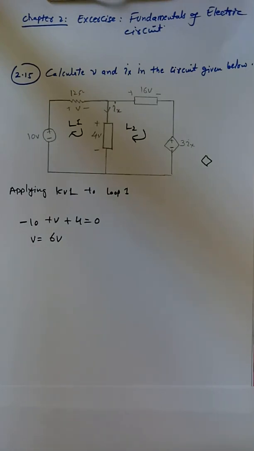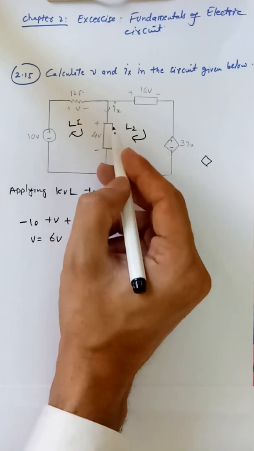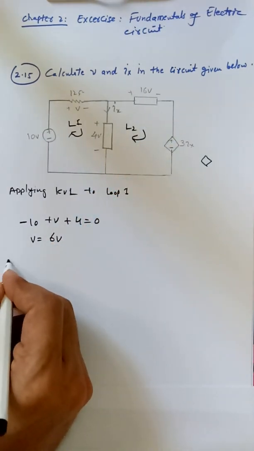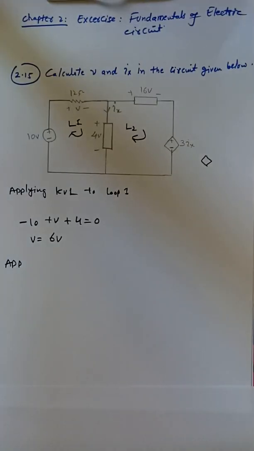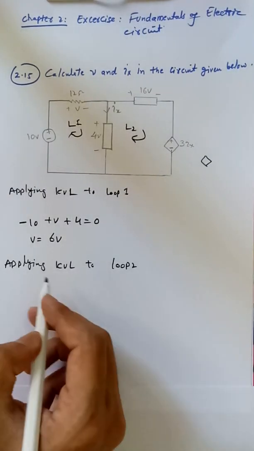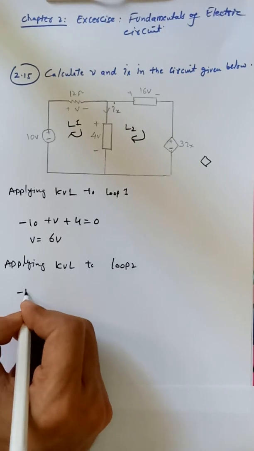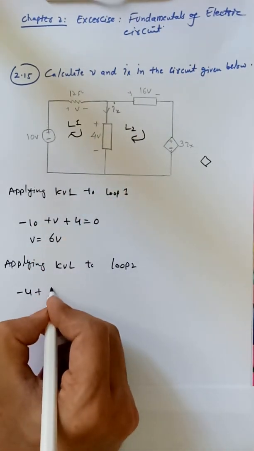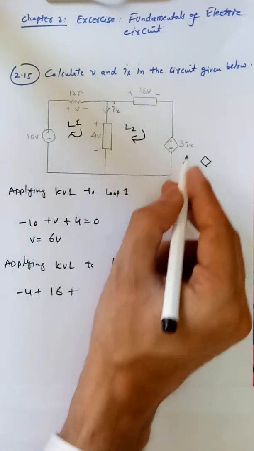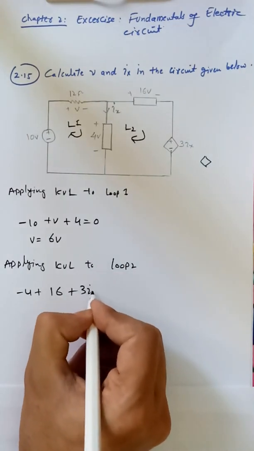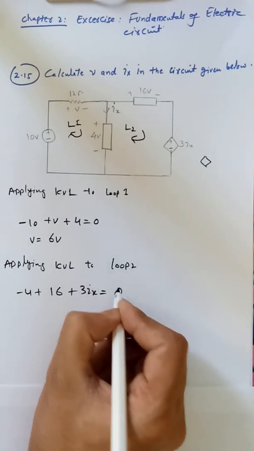Similarly, you can apply KVL to loop 2 for finding Ix. Applying KVL to loop 2: minus 4 plus 16 plus 3 Ix equals 0.